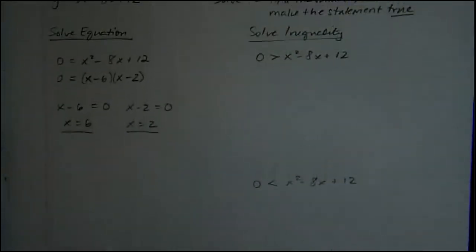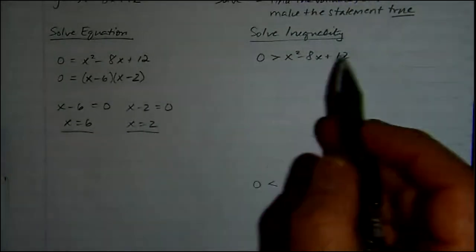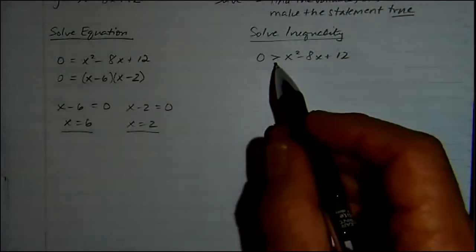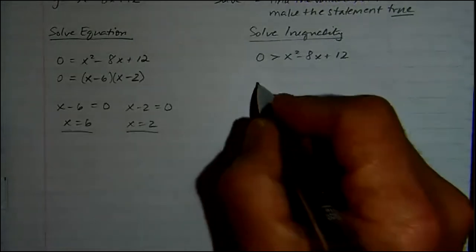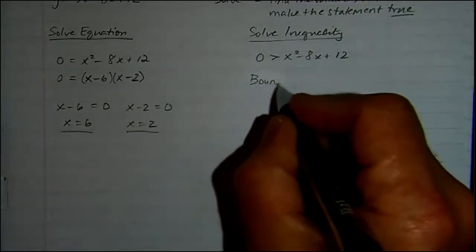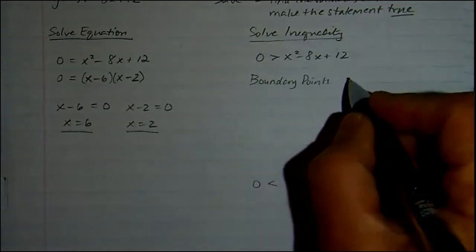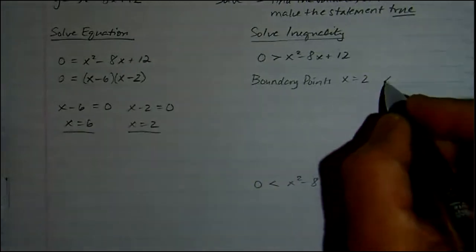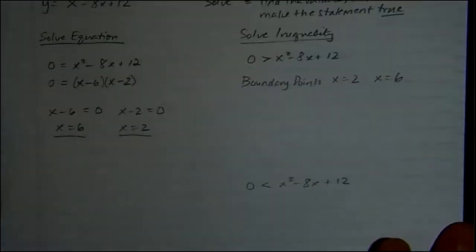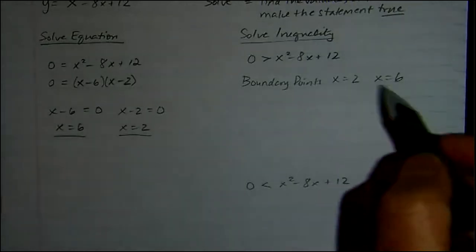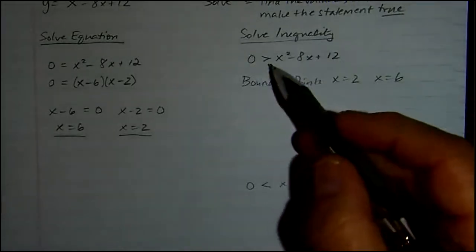So first thing we do is solve the equation f of x equals 0, find the boundary points. In this example, it's the same exact thing except for the inequality symbol. So I've already found the boundary points: x equals 2 and x equals 6. At those values of x, the expression is actually equal to 0.